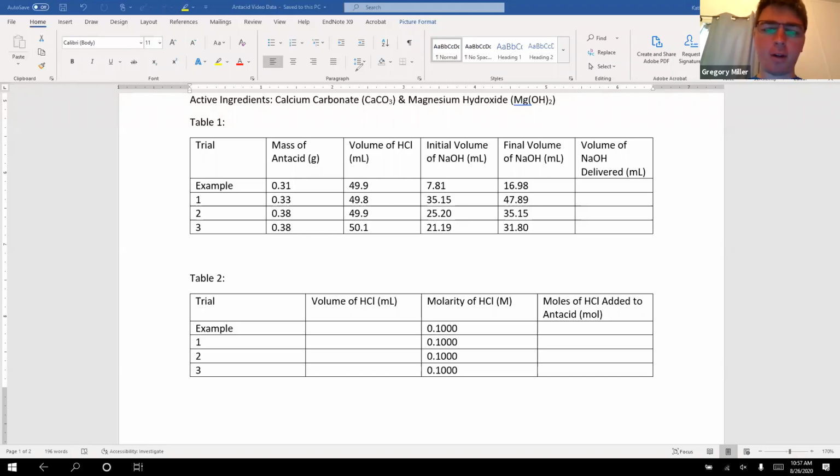So the volume delivered, it's very straightforward. It's just final minus initial. In this experiment, we don't have any averages or anything, so I'll just be doing the calculations for the example data, which should match all of the typed out calculations you have in the lab data itself as well.